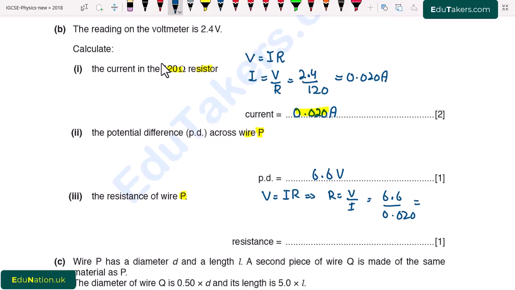So the value of resistance comes to be 330 ohm. I write here 330 ohm.